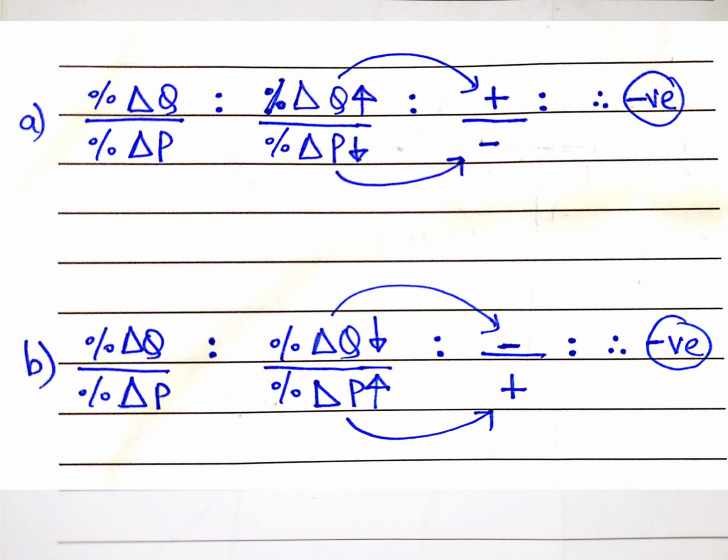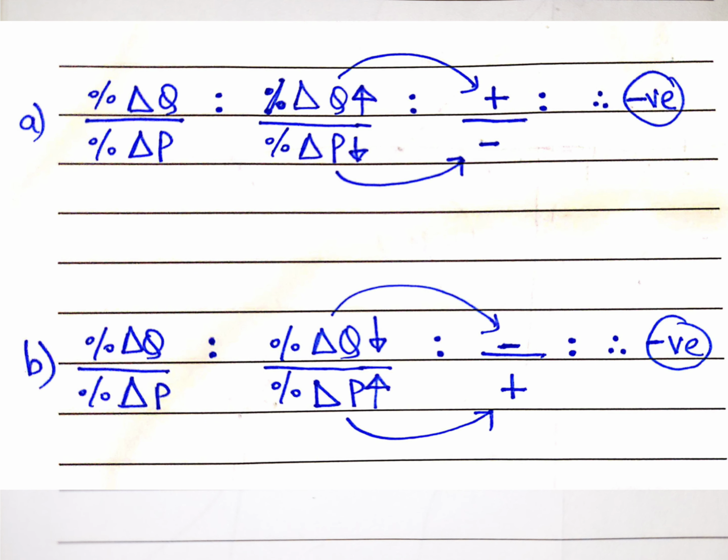And now another point that I want you to remember is that PED is always going to be negative. To understand why, you simply need to look at two possible scenarios. So here you can see in situation A, first we simply have the formula for calculating PED, which is percentage change in quantity demanded over percentage change in price.